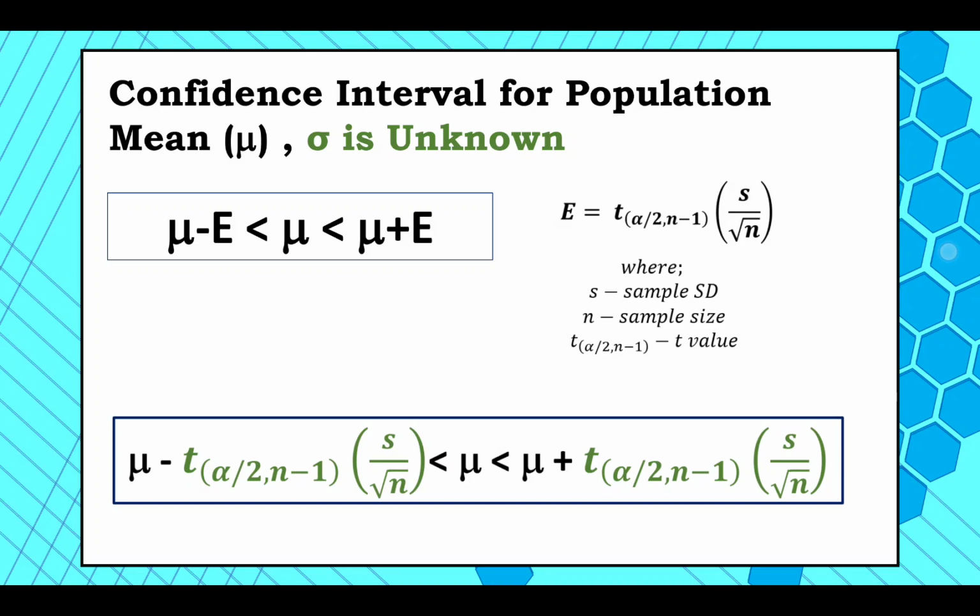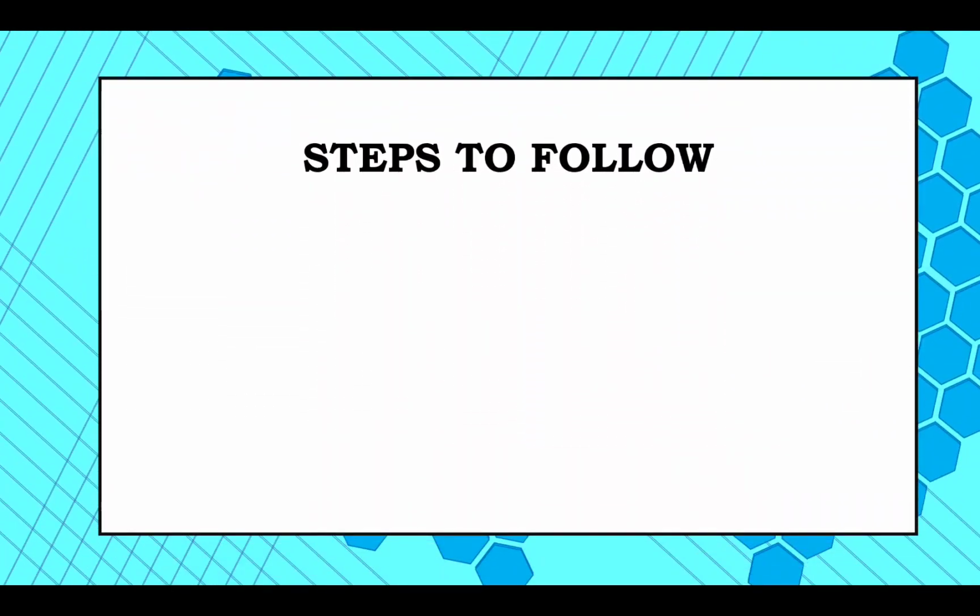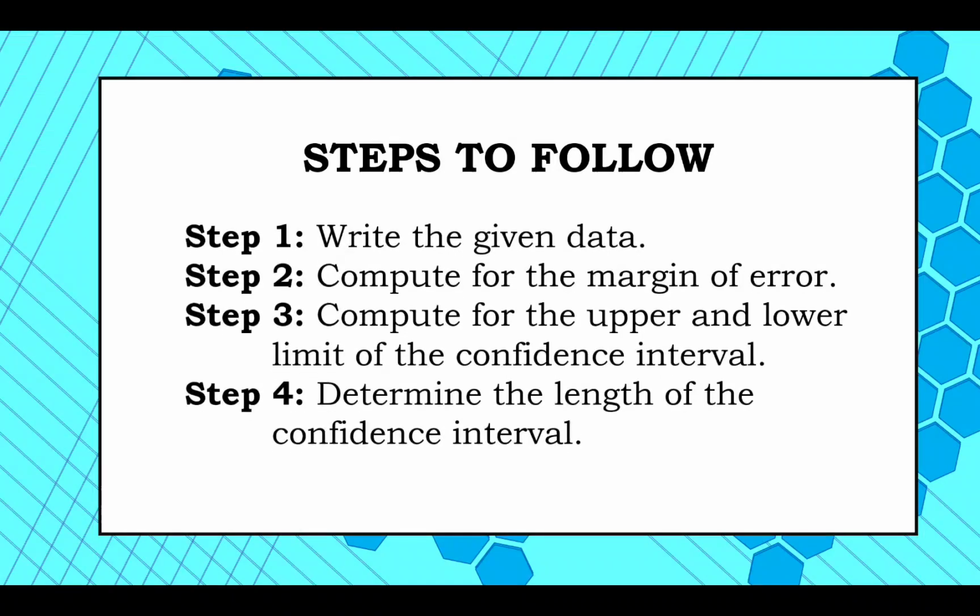To make this short, we will follow again the steps, similar to the previous one. We will first write the given data, then compute for the margin of error, so that we can determine the upper limit and the lower limit, and finally determine the length of the confidence interval. So how does this formula of the margin of error when the population standard deviation is unknown work on a word problem?